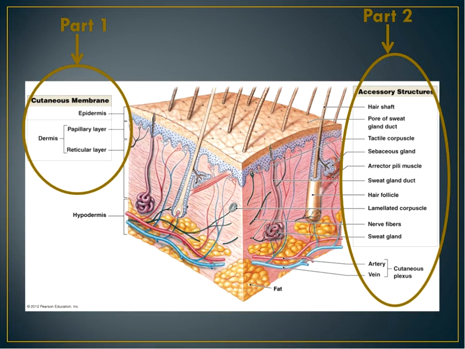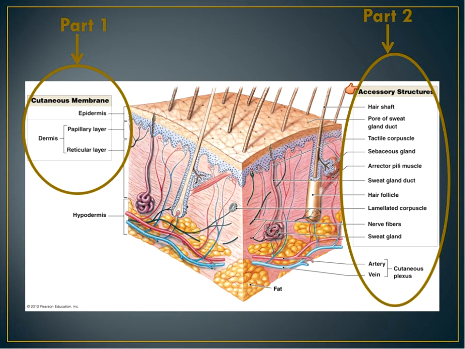The parts that your cutaneous membrane is made up of are your epidermis, which is the part that we can actually see, and which consequently is the part that's dead, made out of a layer of dead skin cells, and then your dermis, which can be further divided into the upper layer, the papillary layer, and the lower layer, the reticular layer. And then all of these are accessory structures of the integument.